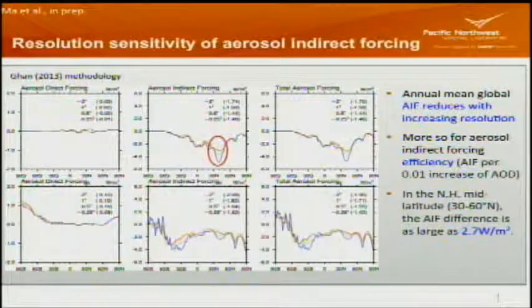This is almost 3 watts per square meter difference in this area. So this is a big forcing term. And so we want to understand what drives the resolution sensitivity of the aerosol indirect forcing.